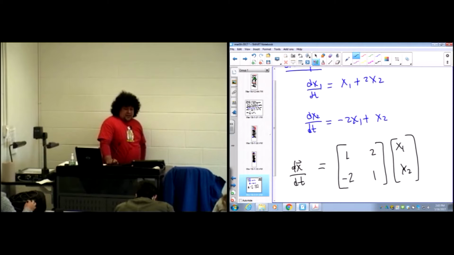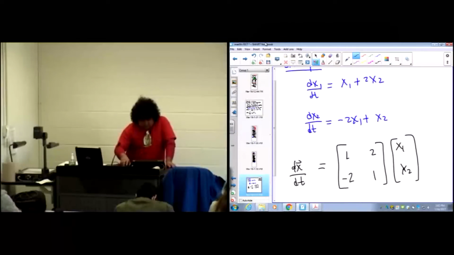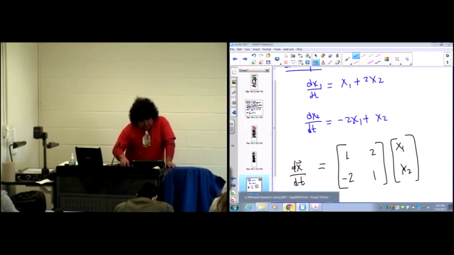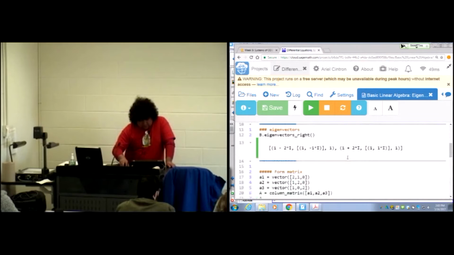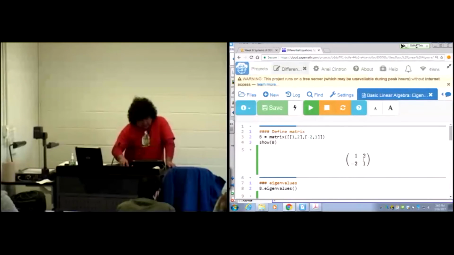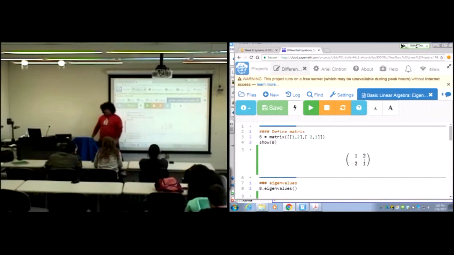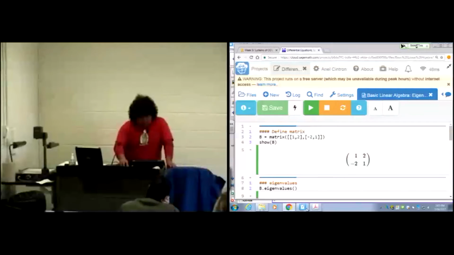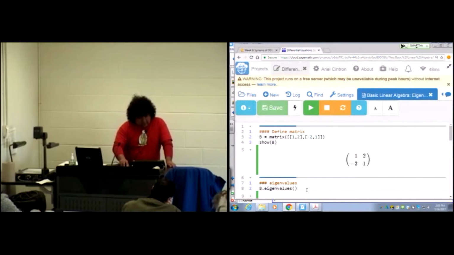We need the eigenvalues and eigenvectors for this. So this matrix is the matrix defined in this example here. This is the matrix with first column 1, minus 2, and second column 2, 1, right? We confirm that.